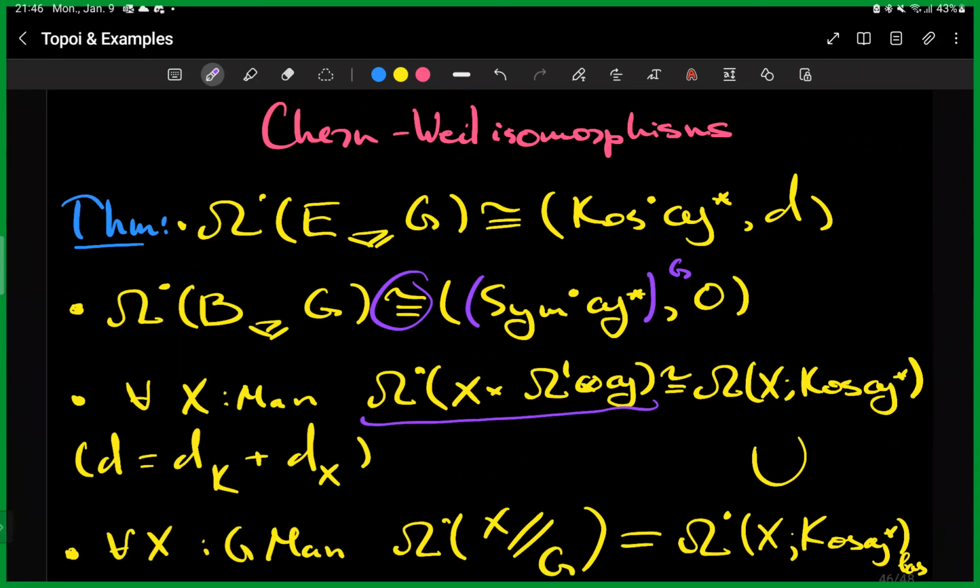Why is it so great? Well, basically because if we look at this space as a topological space, it can be insanely bad. For example, using this result, we can take the quotient of S1 times S1 by R, where R acts on the torus as a subgroup with irrational slope.